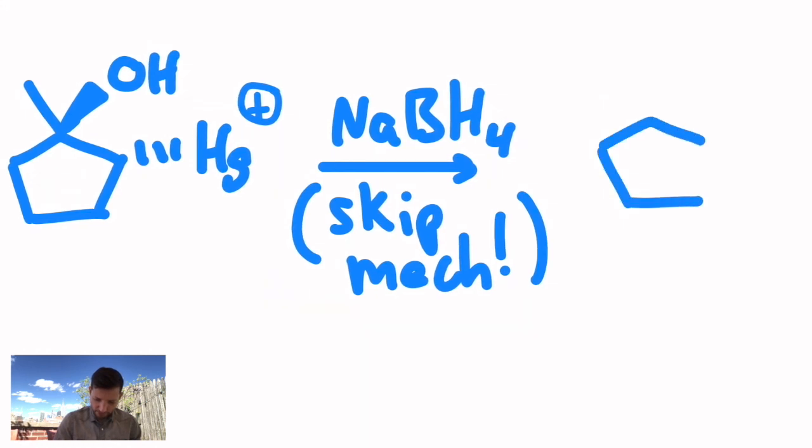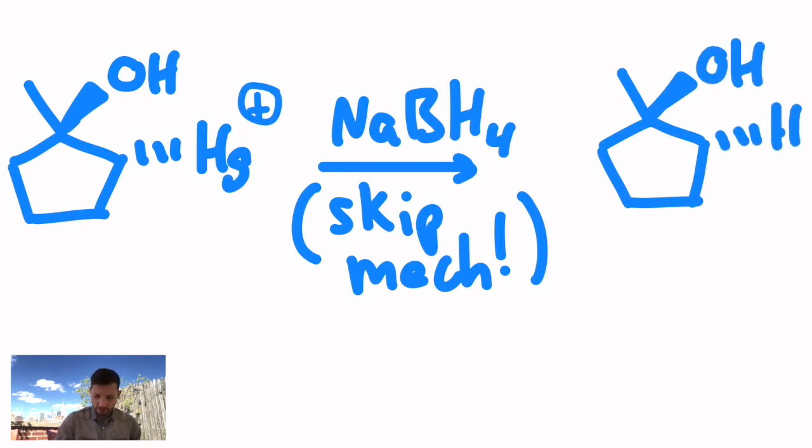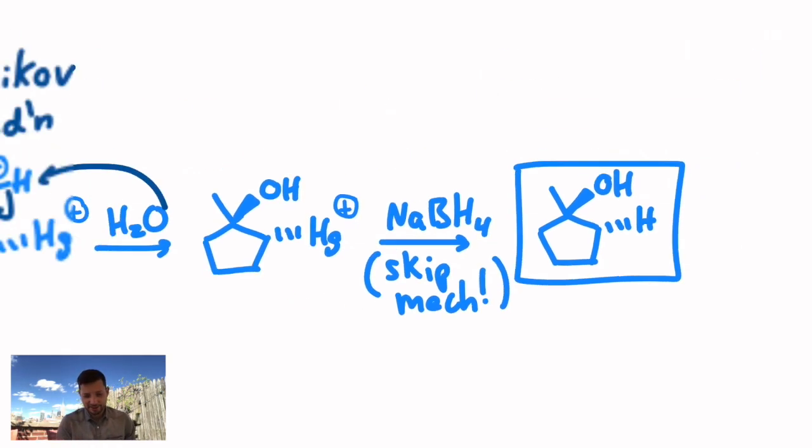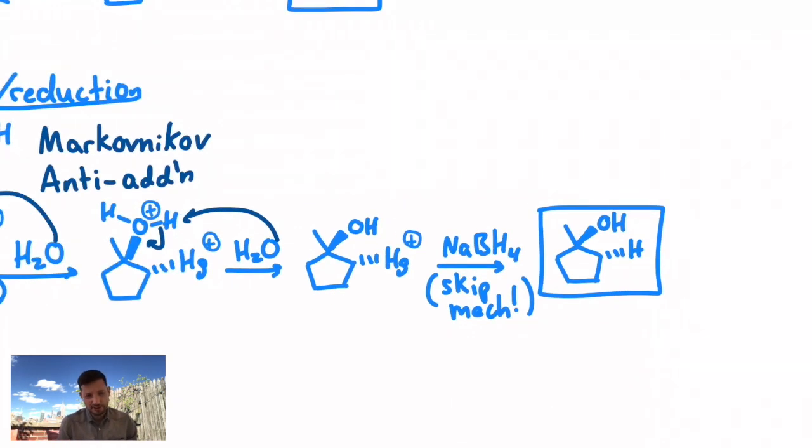And that's all you need to know at this stage of the course. But there's the anti-addition of the OH and the H. I can't tell because I didn't actually create an asymmetric carbon in this, but if it was a different alkene, it would. Okay, so that's how we get a more stereoselective version of this reaction.